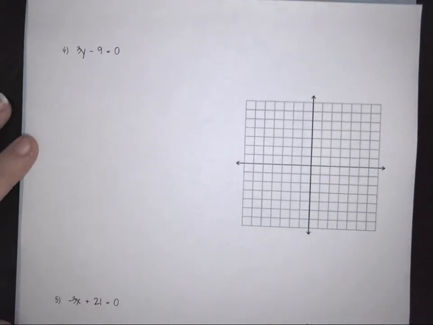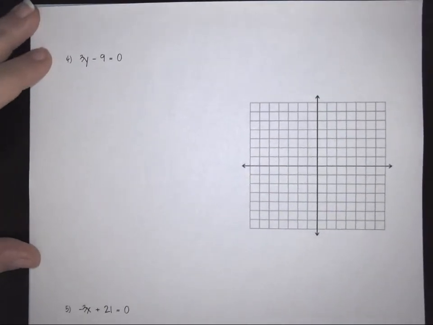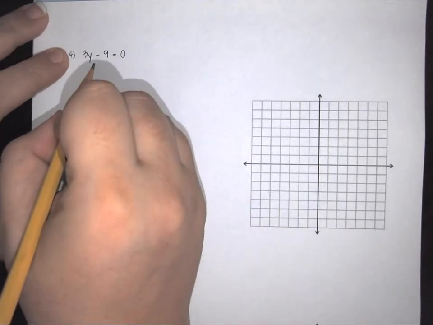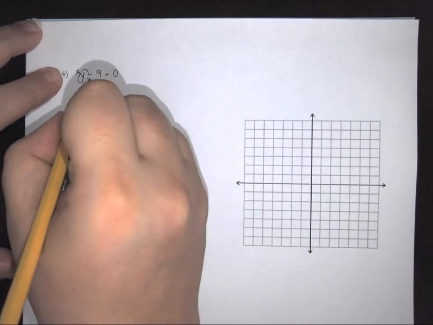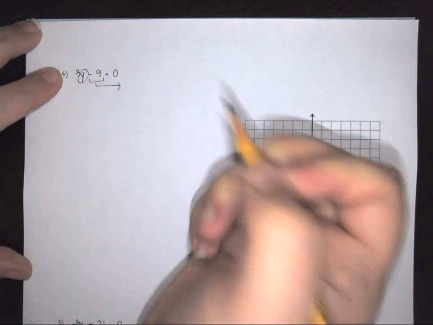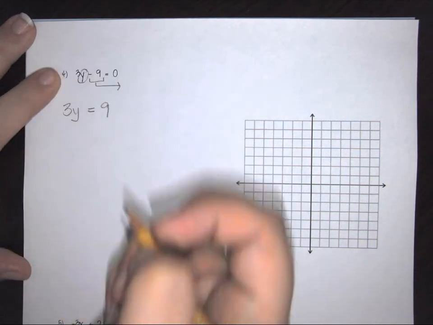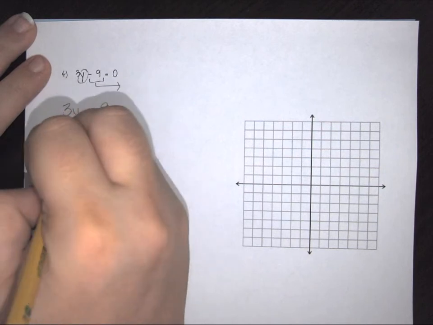Alright, now just to be sure that we truly understand what we're doing here, again I need to get y by itself, so here's my variable. So the first thing I need to do is move this 9. So I end up with 3y is equal to 9. I need to divide everything by 3.